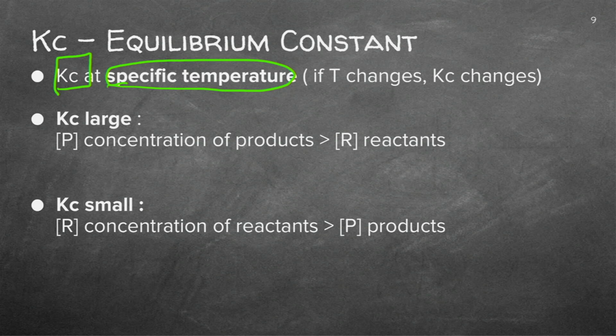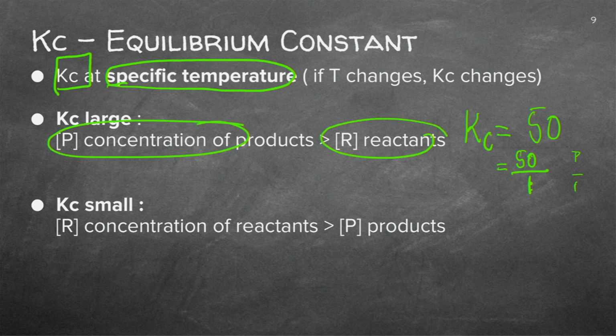If I've got a large Kc, let's say for instance we have a value of 50. What does it mean? I've got 50 concentration, for instance, of the products over 1, which is the reactant. So what does it say? It means there's less reactants. You can see 1 to 50. Let's take a value which is small. Let's say the Kc value is, for instance, 0.005.